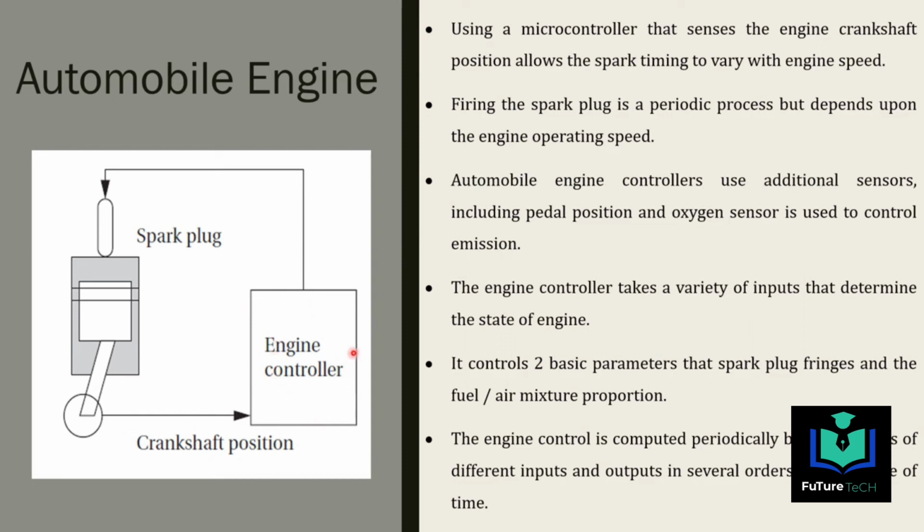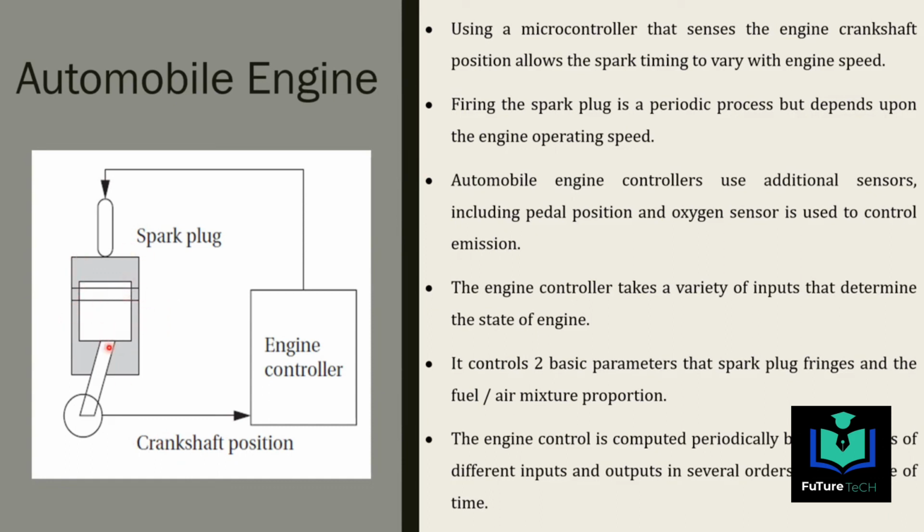This engine controller is the one which is used to get the data of the crankshaft position. At the same time, this should be equally managed with the spark plug for the ignition to begin. So as soon as the ignition begins with the help of the spark plug, it should be loaded to the crankshaft by means of the combustion cycle.